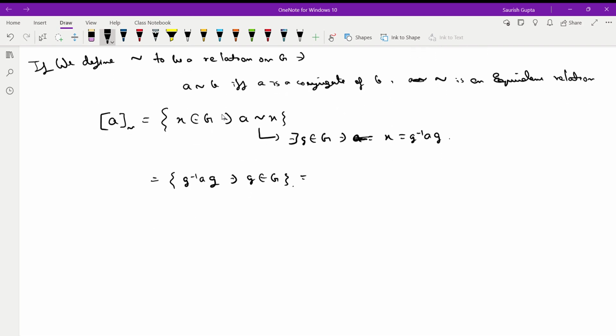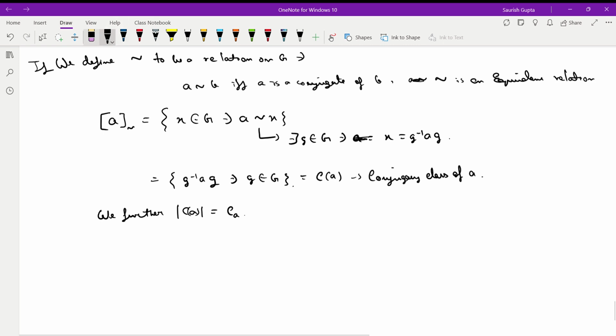This is what we denote as C(A), and it's called the conjugacy class of A. We further denote the number of elements in C(A) as small c_A.